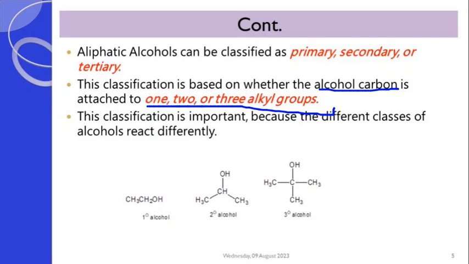When we look at the structure that we have here, the OH is bonded to this alcohol carbon. How many alkyl groups are bonded to it? You realize that it is only one alkyl group. If it is only one, it means that alcohol is a primary alcohol.